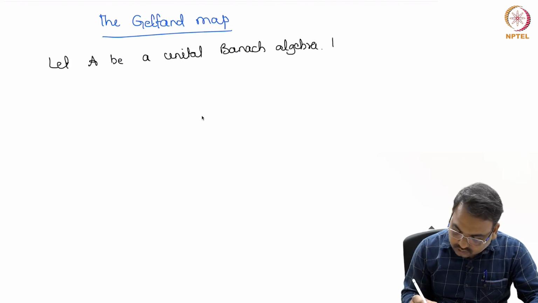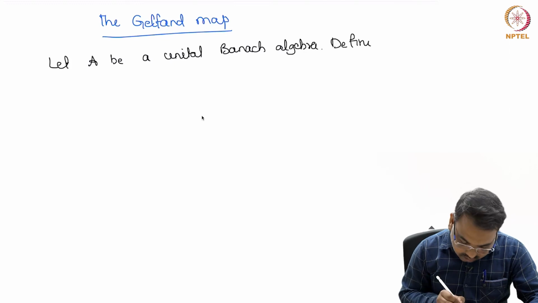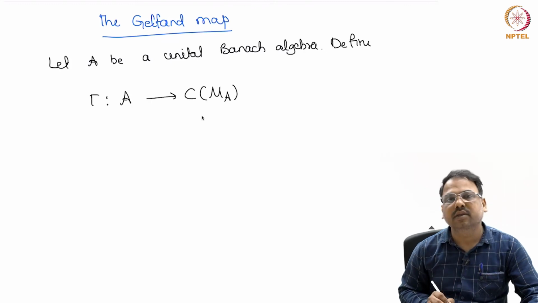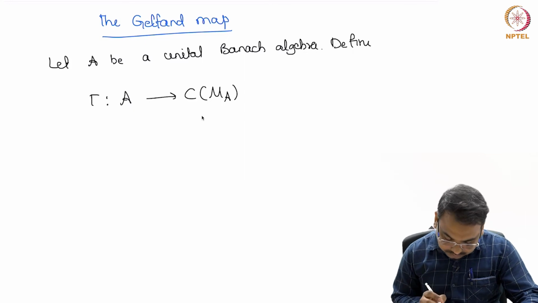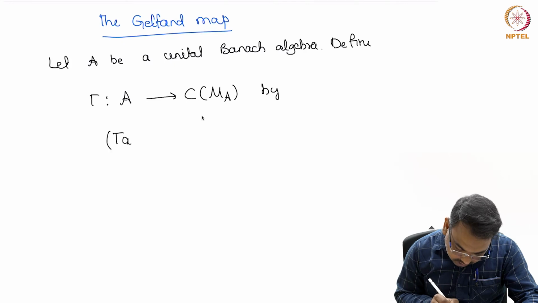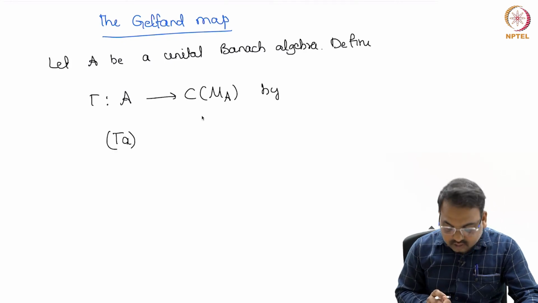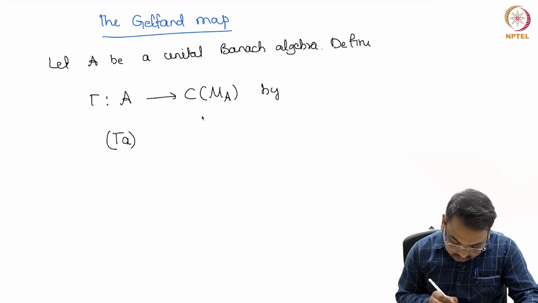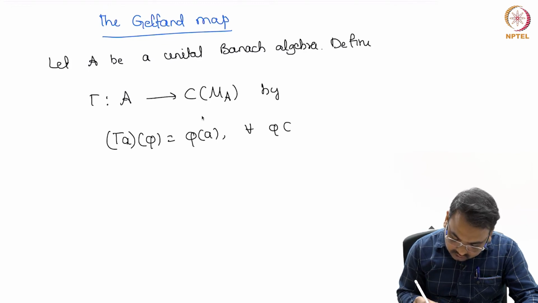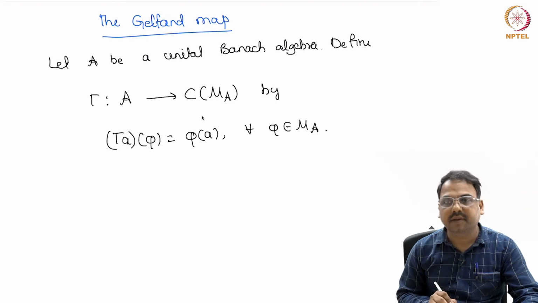So we define gamma from A into the continuous functions on M_A by gamma_a, where gamma_a is a continuous function on M_A, and M_A is the set of all multiplicative linear functionals. Gamma_a at phi is nothing but phi of a for every phi in M_A.